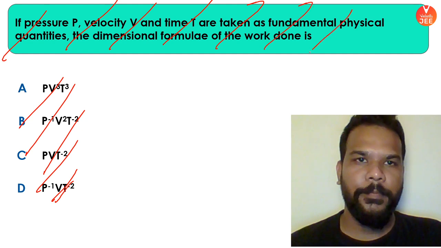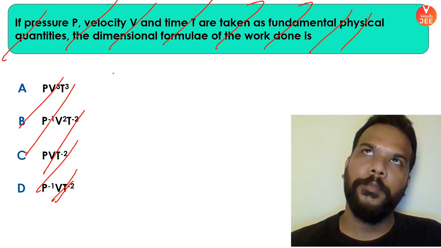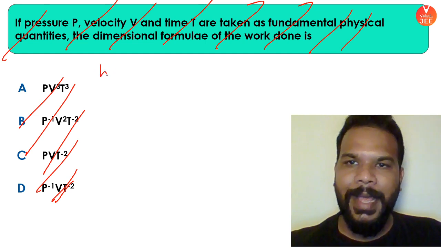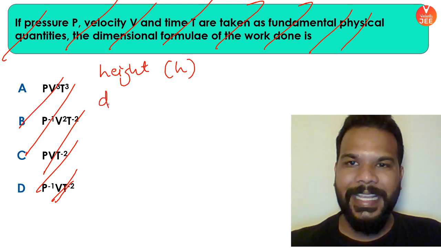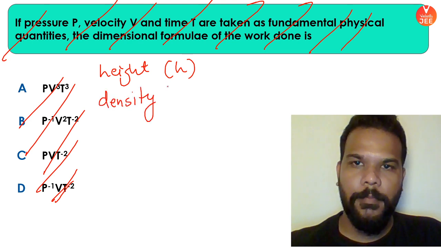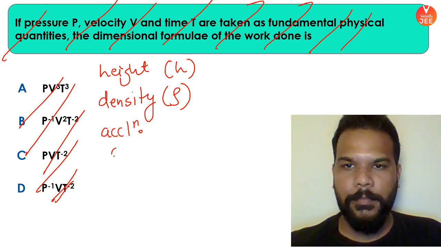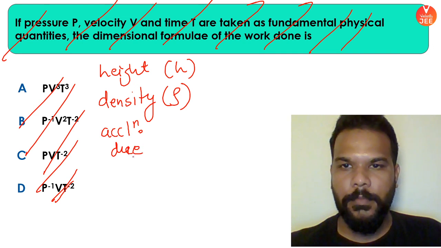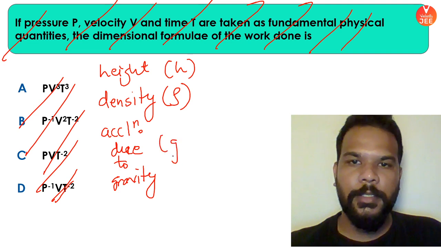Say if I tell you that height h, and density rho, and acceleration due to gravity, which is represented as small g.